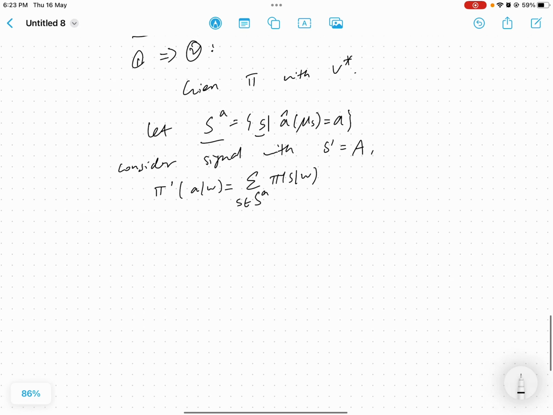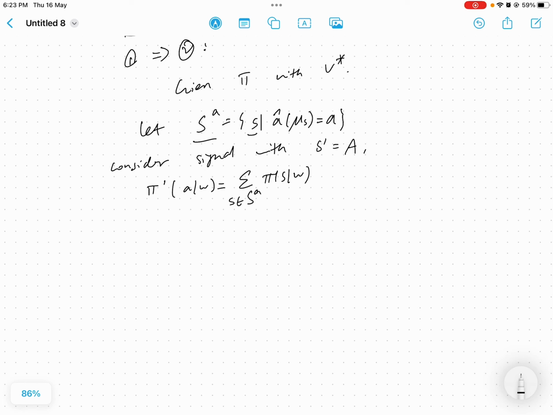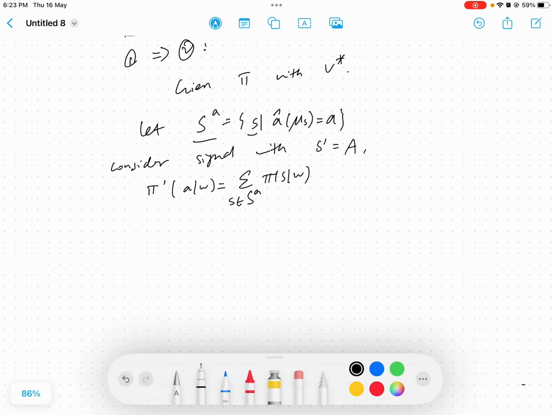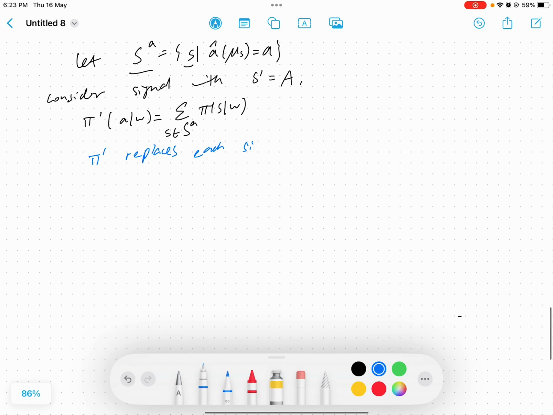Okay, so what does it mean? It means that, in other words, let me change the color. So it means that pi prime actually replaces each signal realization with an action recommendation, the one that the signal realization induced, right?